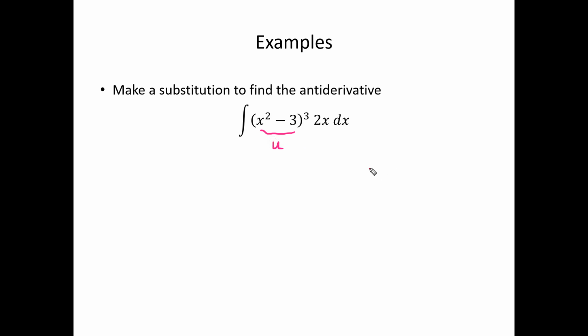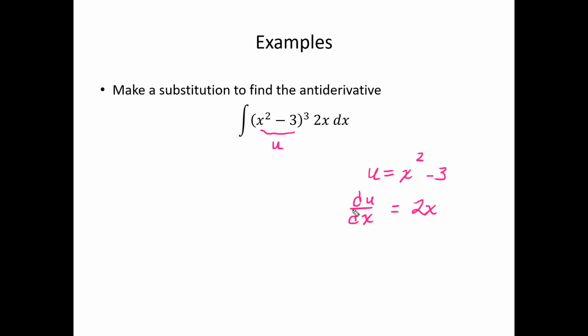Over here on the side, I say u equals x squared minus 3. I only take the inside, I don't take that exponent. Then we take the derivative with respect to x. The derivative is 2x. The derivative of minus 3 is a constant, so that's 0.